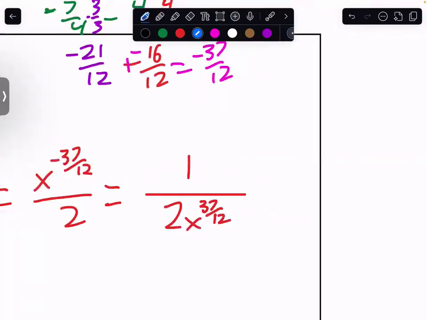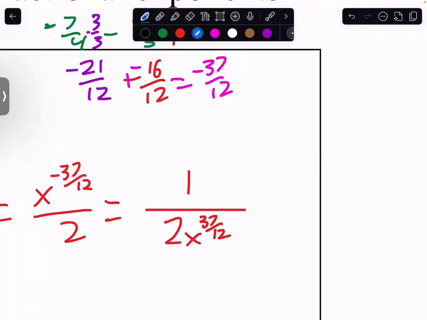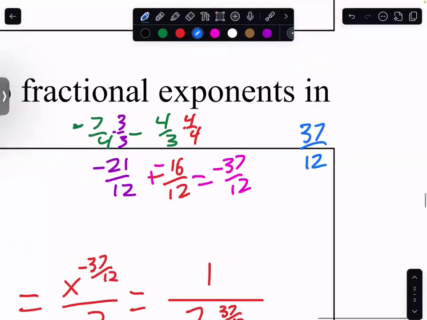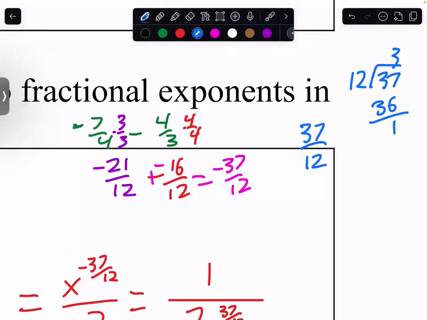Okay, so 2x to the third times the 12th root x. So you could basically convert this improper fraction into a mixed number. 12 goes into 37 3 full times, and then you have 1/12 left over. Right?